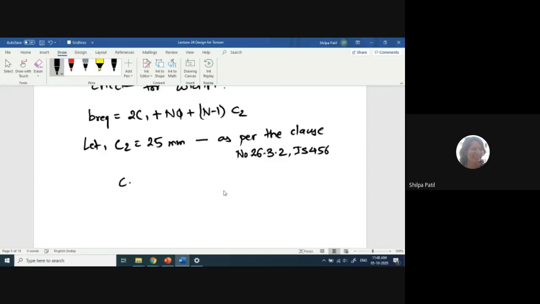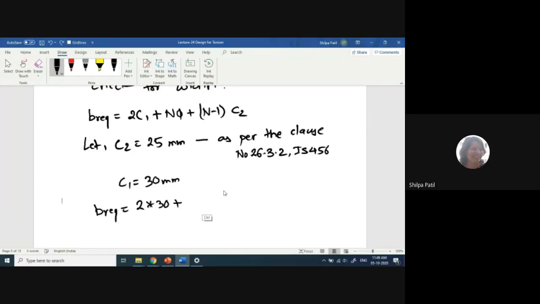And C1, let us consider as 30 mm side cover. So let us find out now B required. 2C1 plus number of bars 3 into 5. Now the 5 value we have to consider the largest. We have to consider the actual values.